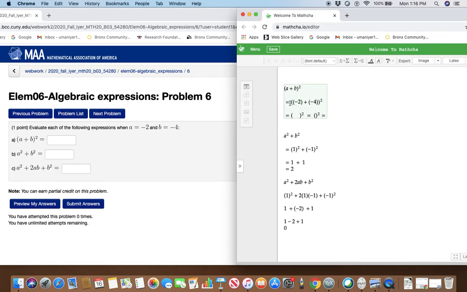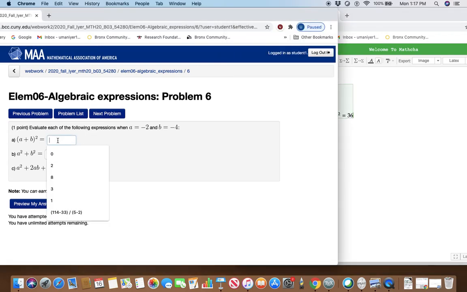So, parentheses first, you see. Square later. Negative 2, negative 4, power 2. Negative 2, negative 4 is negative 6, power 2. Negative gets squared. 6 squared is 36. So it's a positive 36.